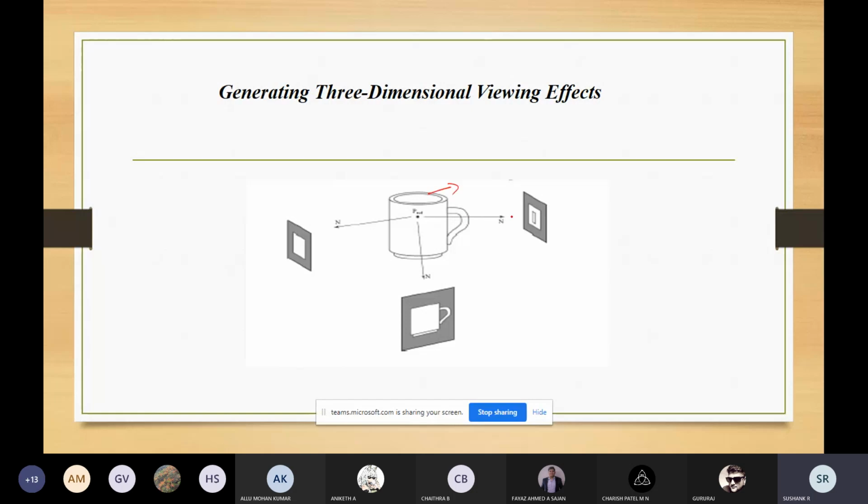I was checking how it will look when viewed sideways, when I'm changing the direction of n. This is from my side face view, and this is how the object will look when seen from the front side. This is one methodology.